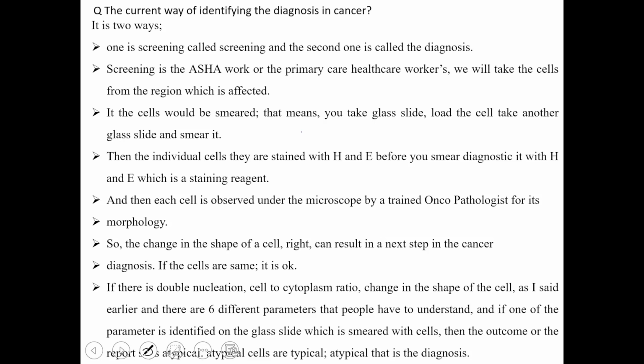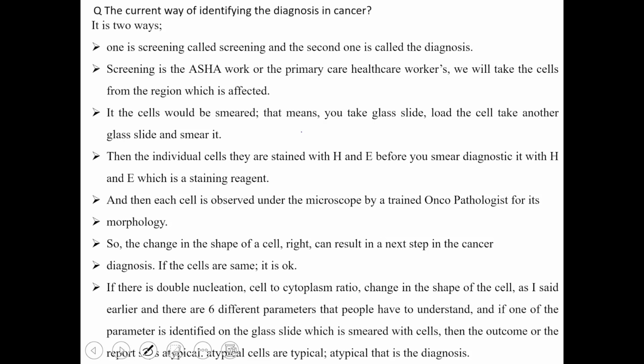The cells are smeared, meaning you take a glass slide, load the cells, and take another glass to smear them so that every cell is separated. Before smearing, you stain it with H and E, a staining agent that reacts with the cells, so you have to add the H and E reagent to the cells.